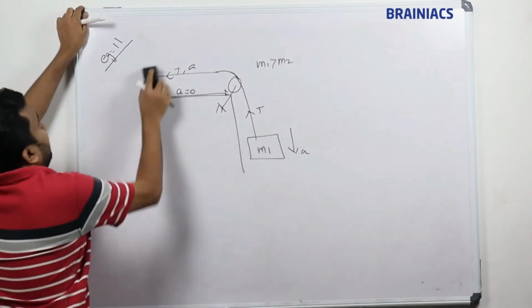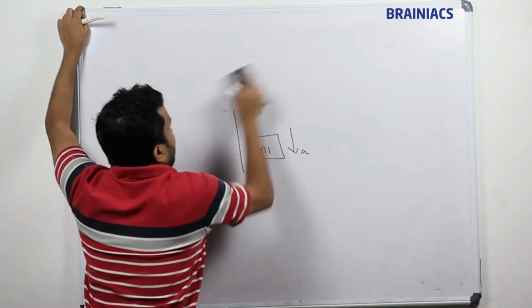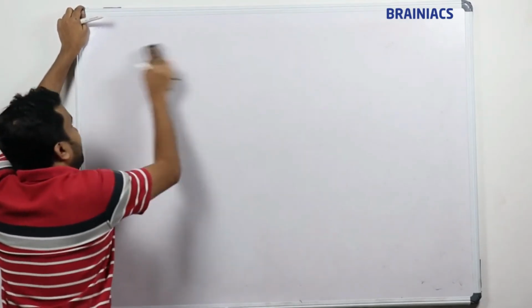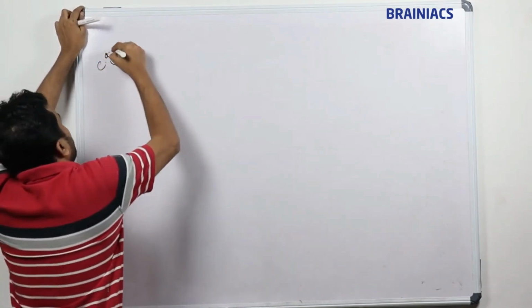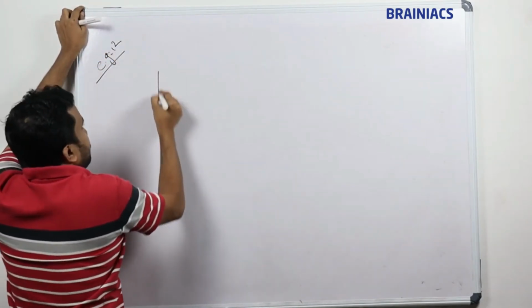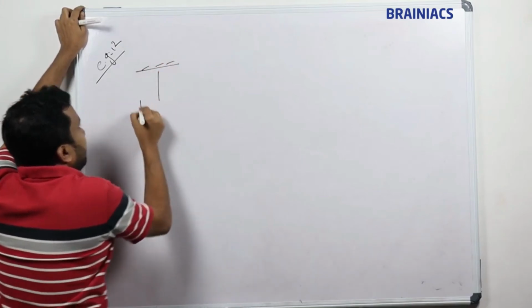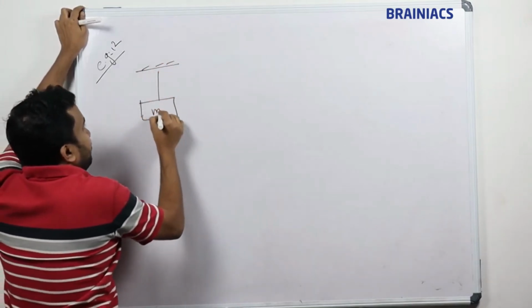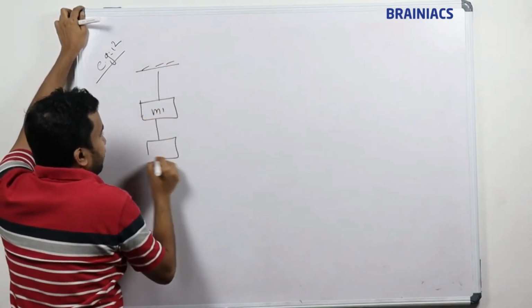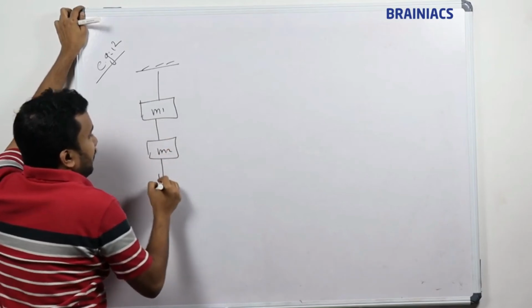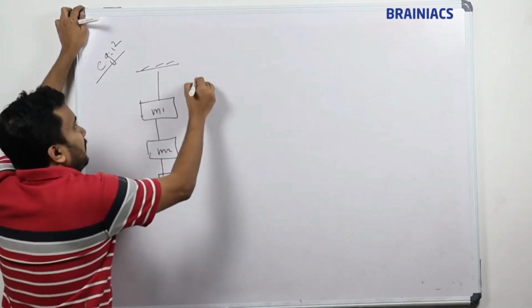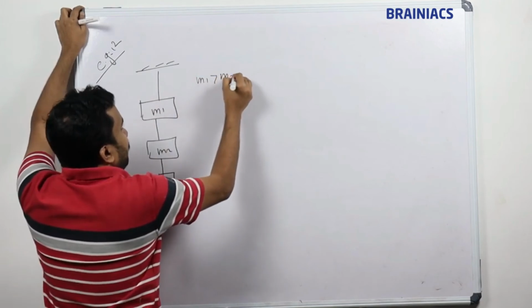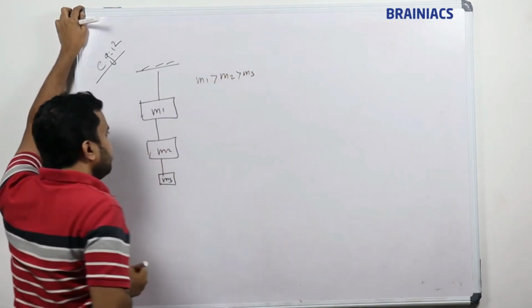Okay, then we'll move to example number 12, the last example. This is also a small model, but just for your understanding, drawing. Suppose you have multiple blocks given like this: M1, M2 and a small box called M3, where M1 is greater than M2, which is greater than M3.